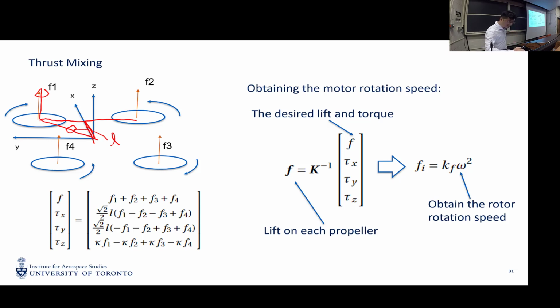So the arm here is square root of 2 over 2 L. The moment created by this rotor is F1 times square root of 2 over 2 L here. So this basically corresponds to this term here. Any questions? So basically we calculate the moment around the y-axis for the individual rotors.